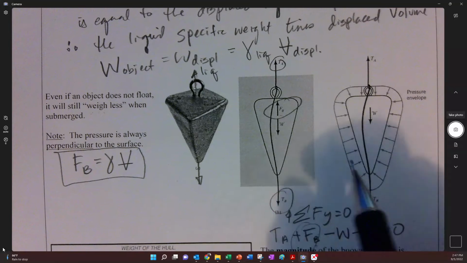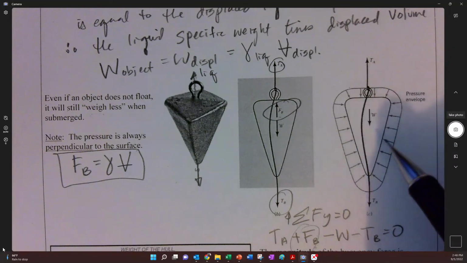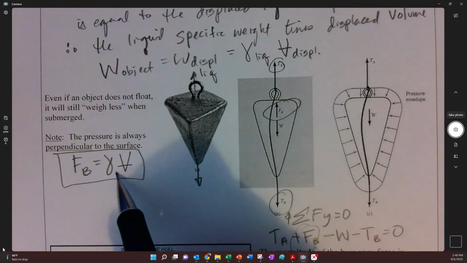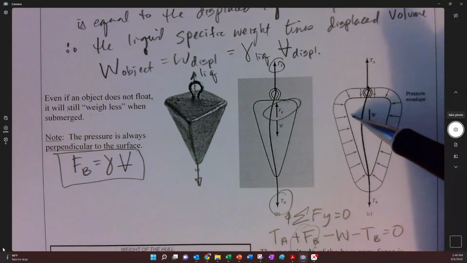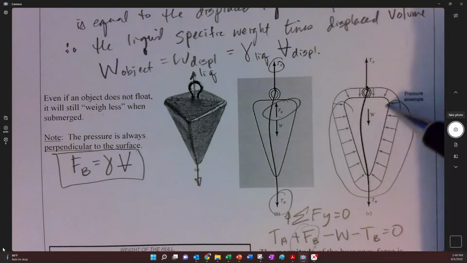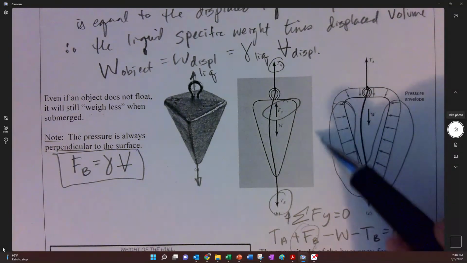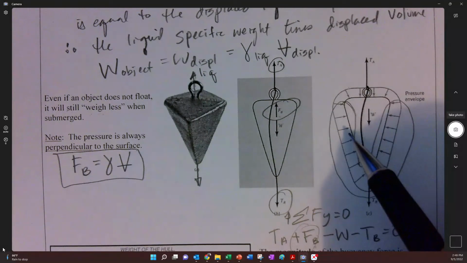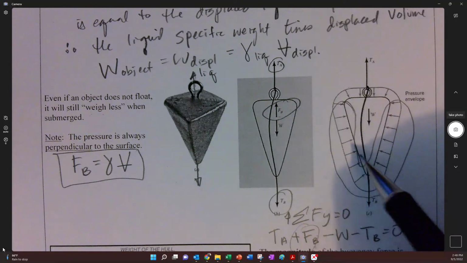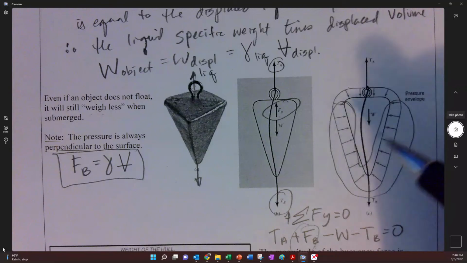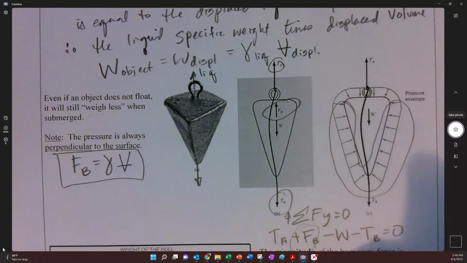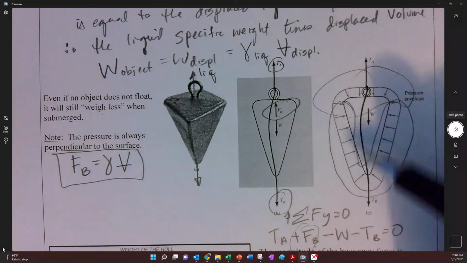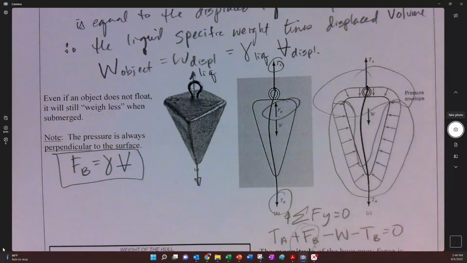So we want to kind of understand what's actually taking place here and why this is taking place. It's because we have a pressure gradient, that pressure gradient that we've been looking at all along, that's acting along every point of this, and the pressure is always perpendicular to the surface, right? So the pressure is always pointing towards the surface right there, and in all directions, right? But it varies with depth.